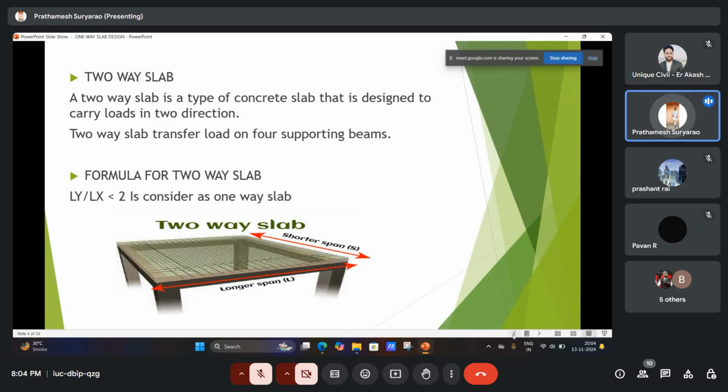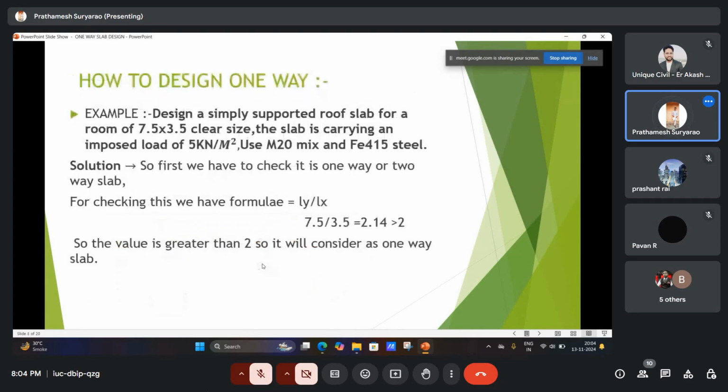So there is a formula for calculating two-way slab, which is Ly by Lx is less than 2. We will consider it as two-way slab. This is a drawing of two-way slab where all the sides are carried by supporting beams.